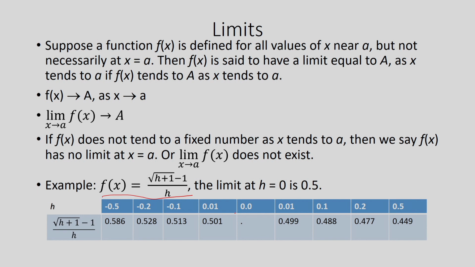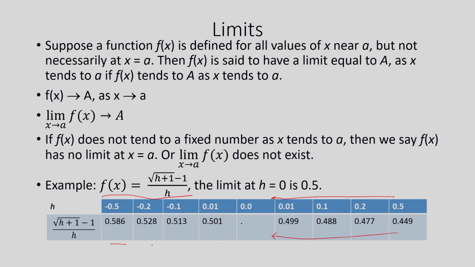At h equal to 0, the value of this function becomes undefined. Something divided by 0 cannot be defined, but as you can see, as we are taking h very close to 0, 0.01, 0.1, 0.2, etc., the value of the function approaches 0.5.